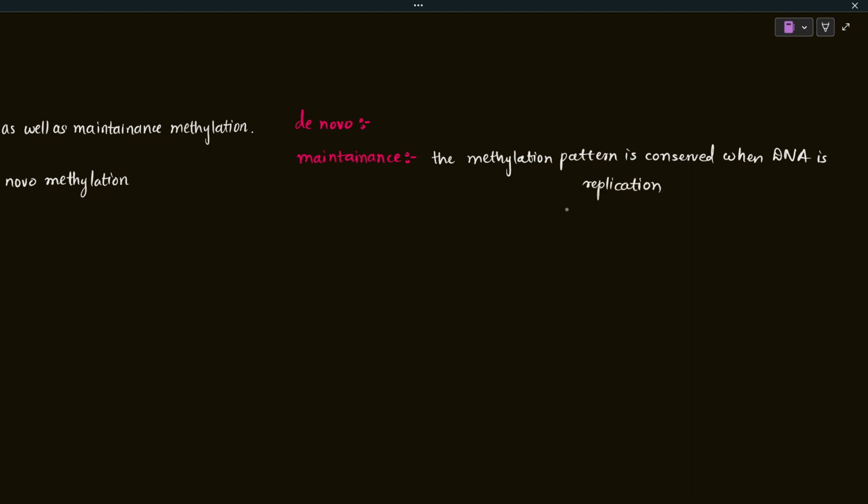So this maintenance of methylation is what we refer to as maintenance methylation. It's just copying of the methylation pattern from the parent cell to the daughter cell.